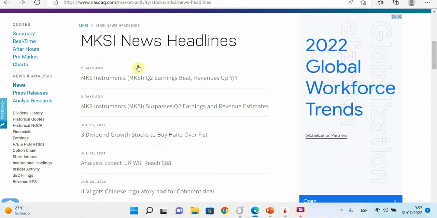So in MKSI, around the 30th of June, there's nothing relevant that we can see, apart from the fact that maybe some analysts were specifying that this is an interesting stock in terms of its dividends. But apart from that, nothing that could affect the price substantially.